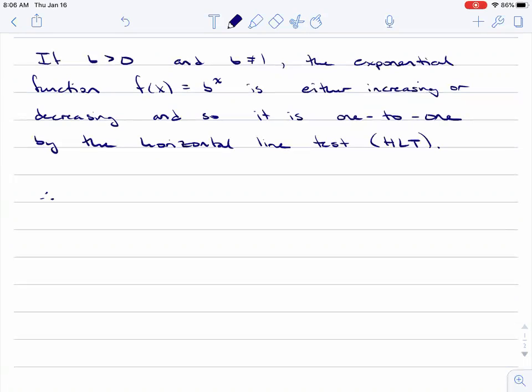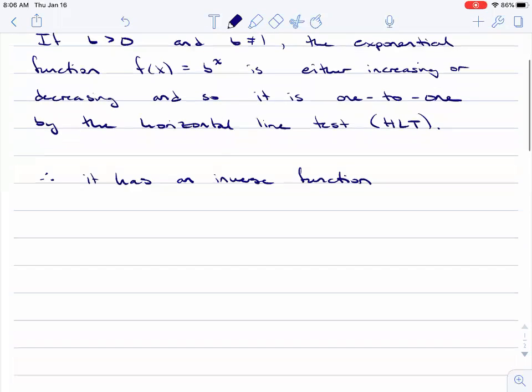Therefore, we said it has an inverse function. Therefore, it has an inverse function called the logarithmic function. Ta-da.